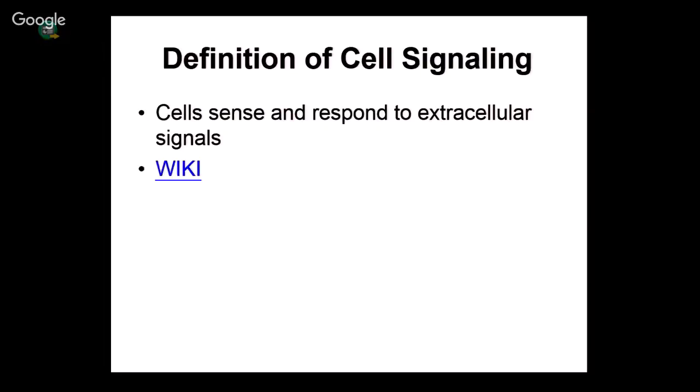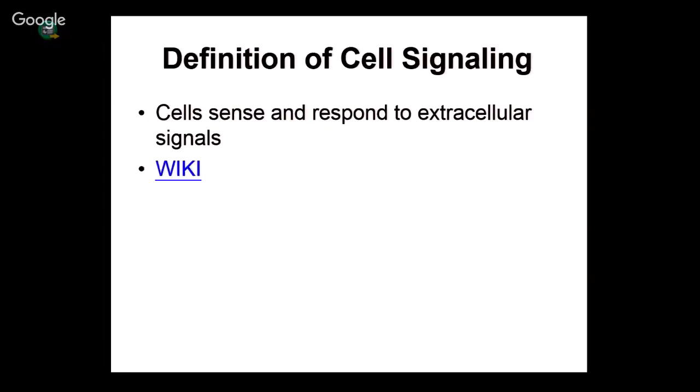The other type of first messenger response is permanent. That kind of permanent response normally triggers the expression of genes. It goes into the nucleus and triggers the expression of particular genes, for example, transcription factors. Once a transcription factor is produced, it causes a change in other gene expression.